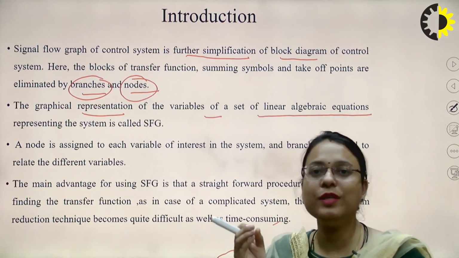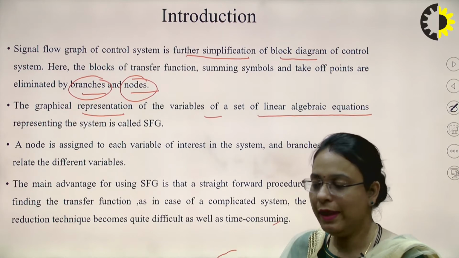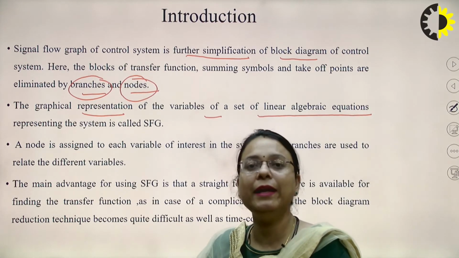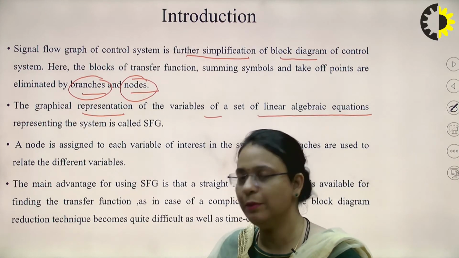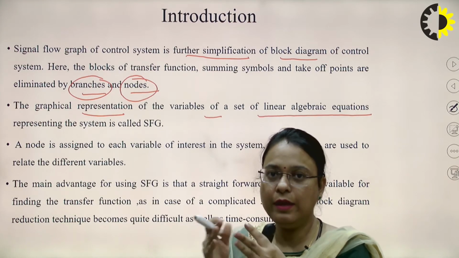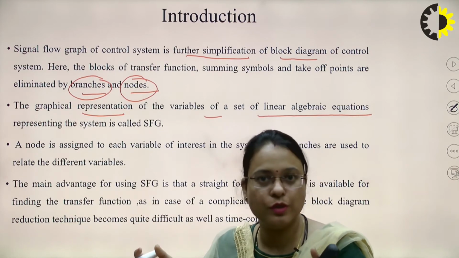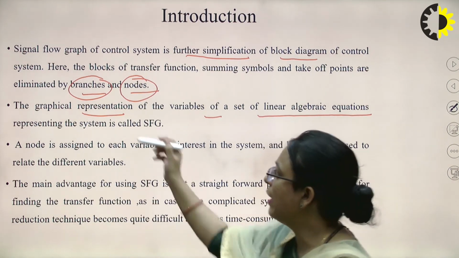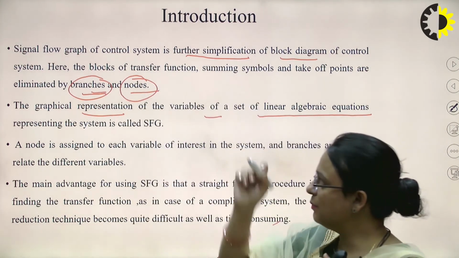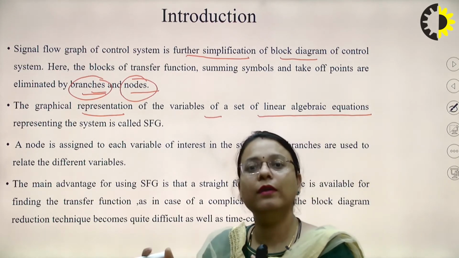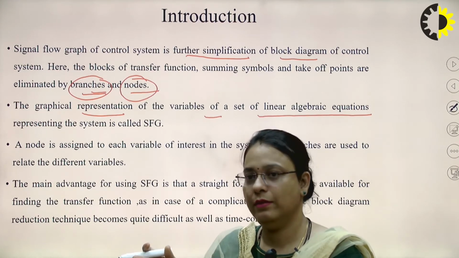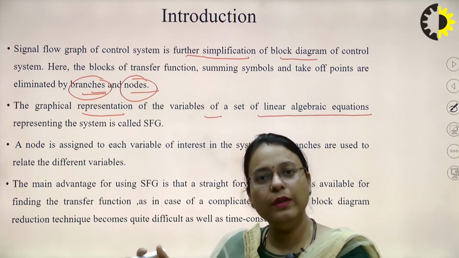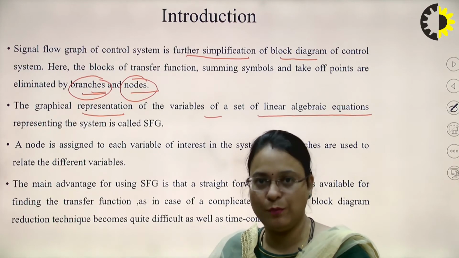Here, nodes are represented by small circles, and all the dependent and independent variables are represented by these nodes. The line connecting these nodes is called a branch. This branch is associated with an arrow, with a signal carrying the information.